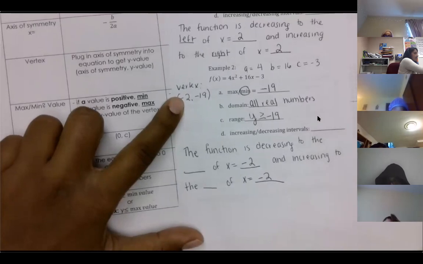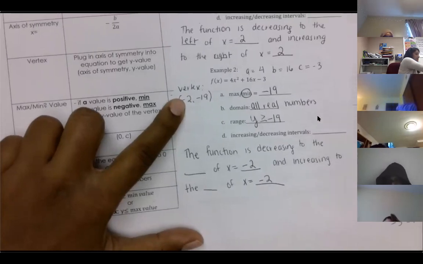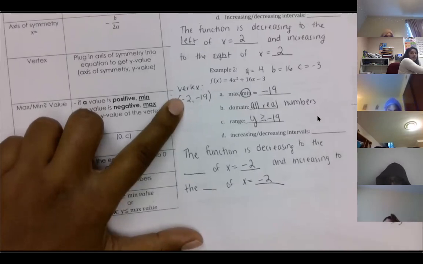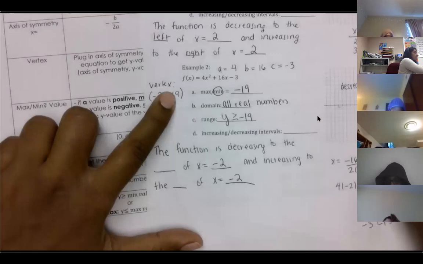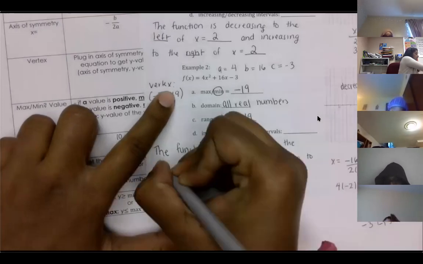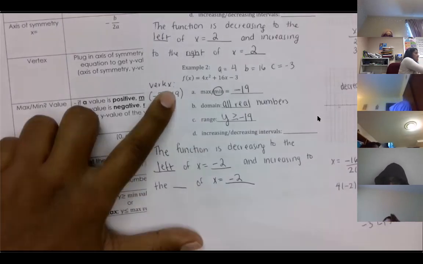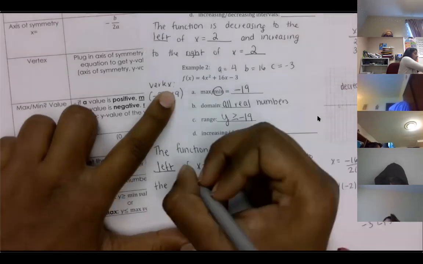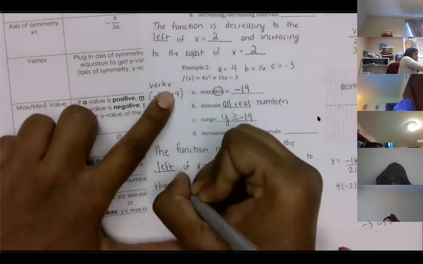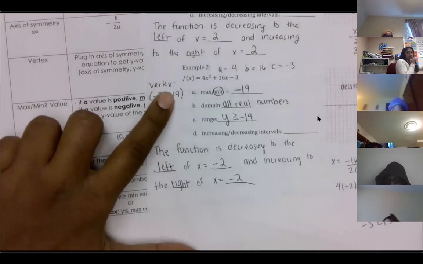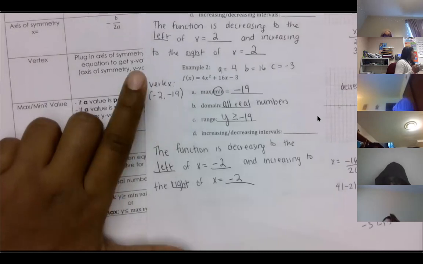And then from the vertex all the way to the right, it's going up, so it's increasing. So to fill it in, the function is decreasing to the left of x equals -2, and it's increasing to the right of x equals -2.